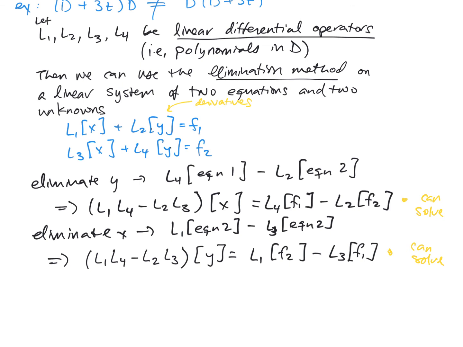Now, when we solve, the weird thing is that we'll be left with sort of twice as many constants as we want.